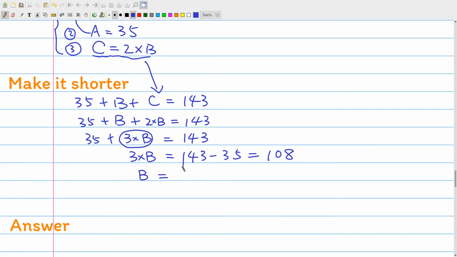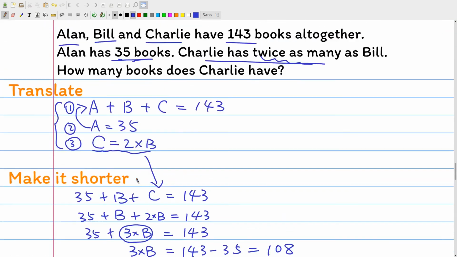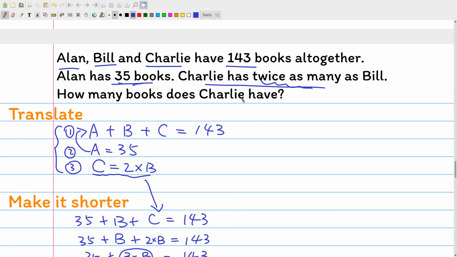Now, if 3 times B equals 108, what's the value of B? Remember, 3 B's equal 108. Then what about the value of 1B? 108 divided by 3 equals 36. Good. Now we have the value of B. The question asks how many books Charlie has, right?